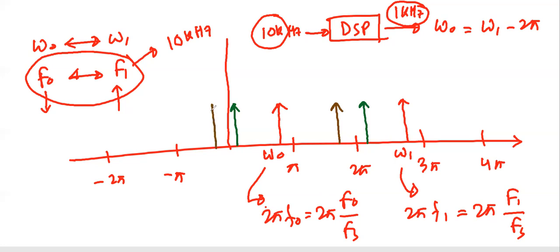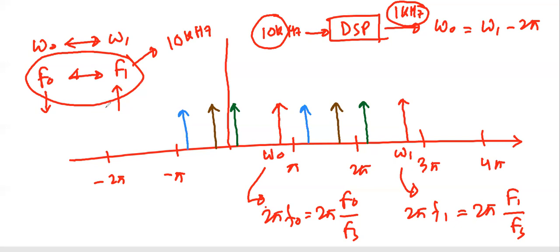This is the identical one. If I have another color, putting another signal close to this, where is the identical signal? You'll find it before twice pi, and this is the identical one. Not only there, you can also find some identical signal after twice pi as well.